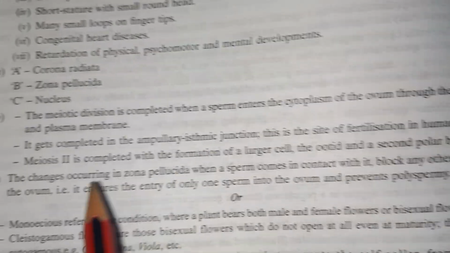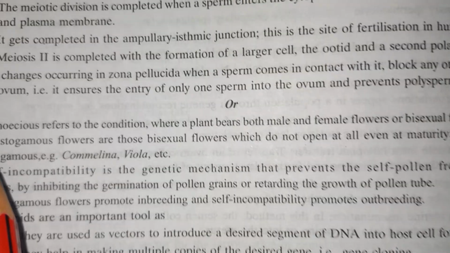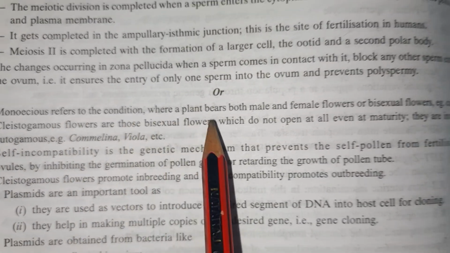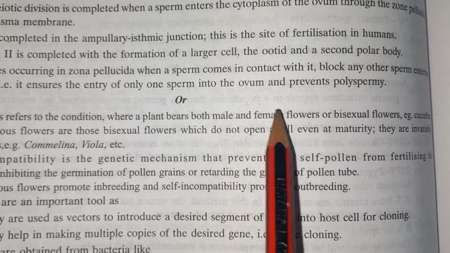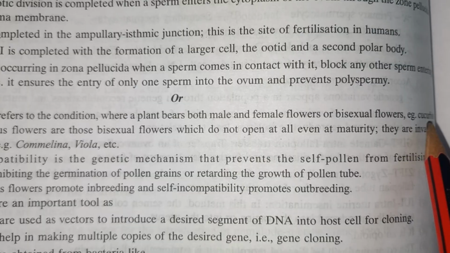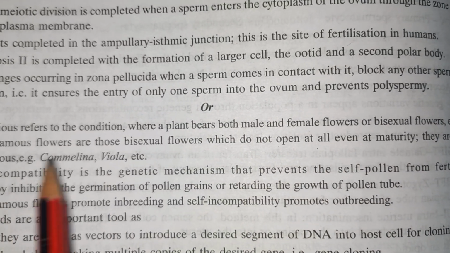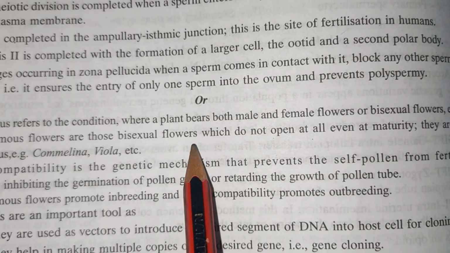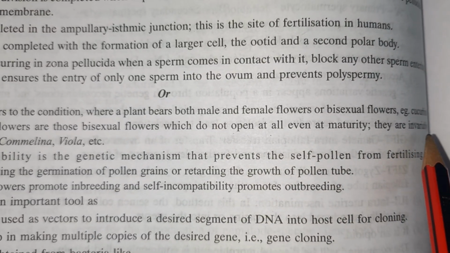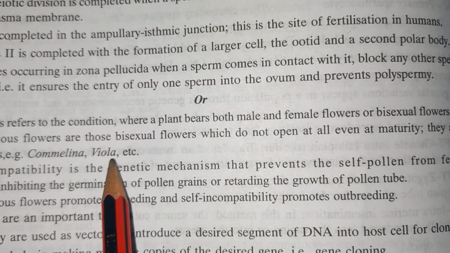The answer is that monoecious refers to the condition where a plant bears both male and female flowers, or bisexual. Example, Cucurbita. But in cleistogamous flowers, those bisexual flowers which do not open even at maturity are invariably autogamous, as in Commelina and Viola.